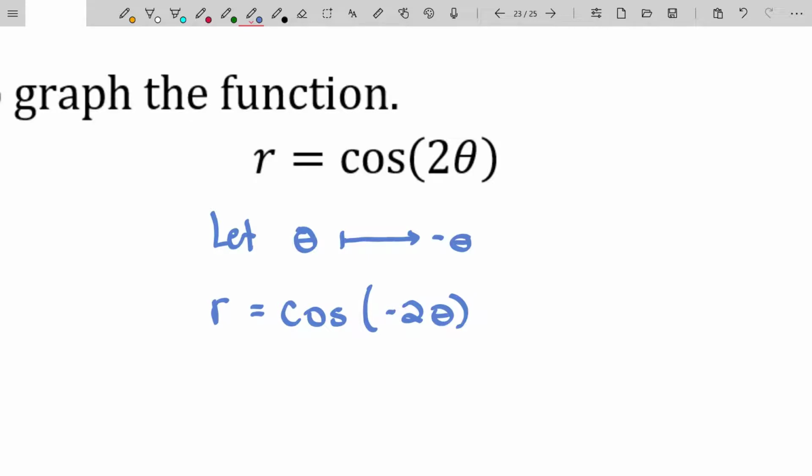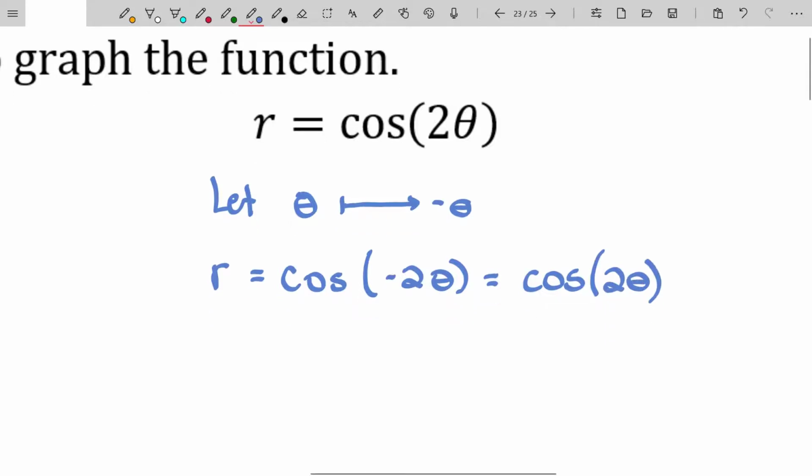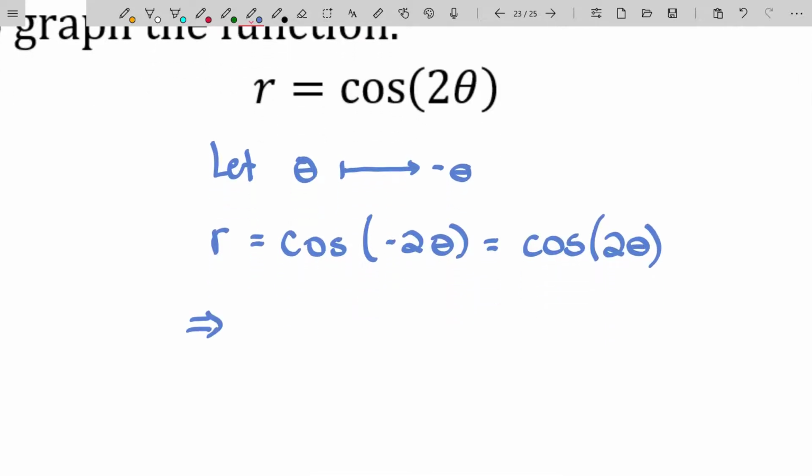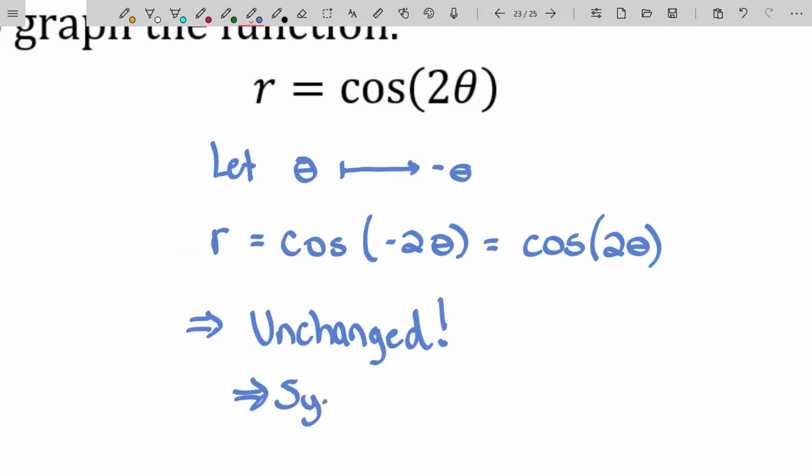Well, cosine is an even function, so that is going to be cosine of 2 theta, which is the original statement. So nothing changed when we plugged in a negative theta, which implies we definitely can use that theorem. It's symmetric about the polar axis, so we only have to graph half of it.